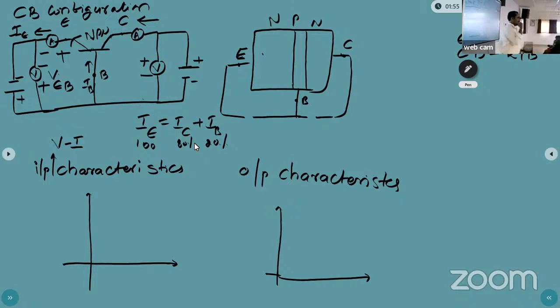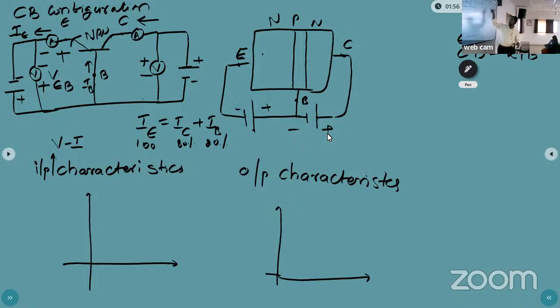If you understand this concept, for the remaining two configurations I will directly draw the characteristics. Here also same, positive, and here positive. Now, if you are not applying the collector base voltage, listen carefully, what will be the current?